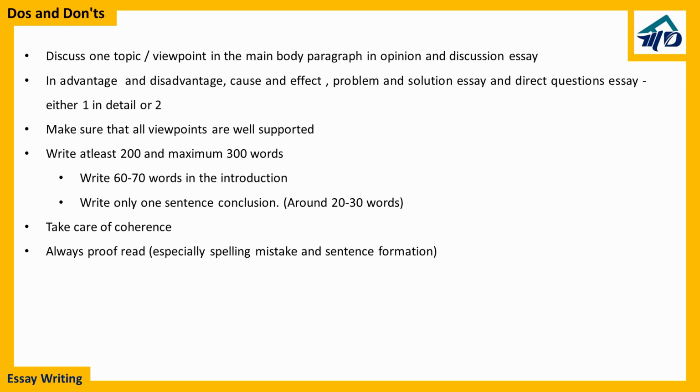Just one spelling mistake, 50% marks in your spelling criteria. Check whether you have used articles correctly or not, especially the. Check whether you have used prepositions correctly or not, especially at, in, to, on. So these are the points you have to keep in mind.